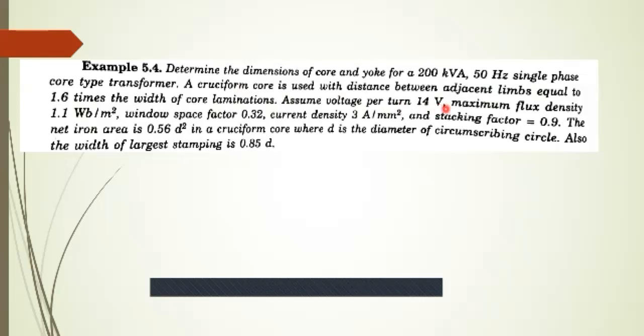Assume voltage per turn 14 volt, maximum flux density 1.1 Weber per meter square, window space factor as 0.32, current density as 3 ampere per millimeter square, and stacking factor equal to 0.9. The net iron area is 0.56 d square in a cruciform core where d is the diameter of circumscribing circle. Also, the width of the largest stamping is 0.85 d.